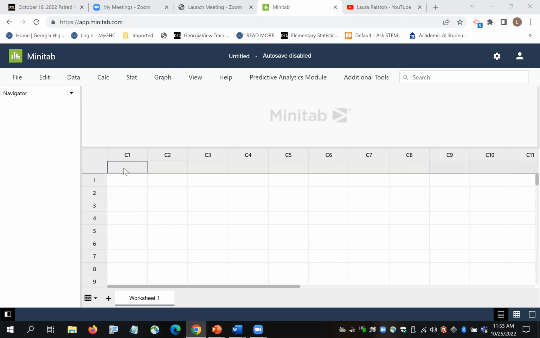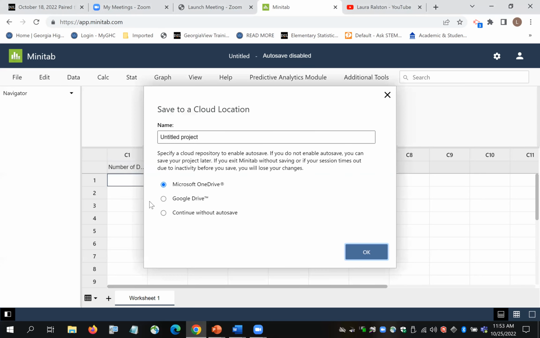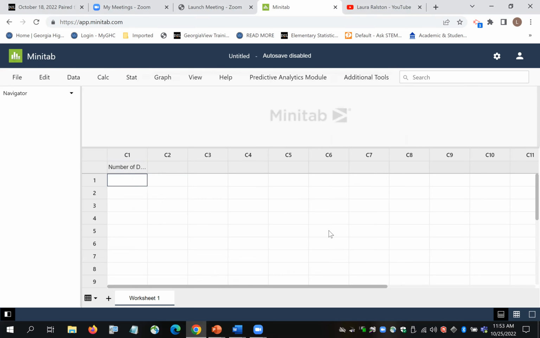I'm going to enter my data, but here's what I have to do. I have 24 data values. I have 6 for lightning, 6 for tornado, 6 for flash flood, and 6 for blizzard. So in column 1, I have to put all of the numbers. So I'm going to put the number of deaths in column 1.